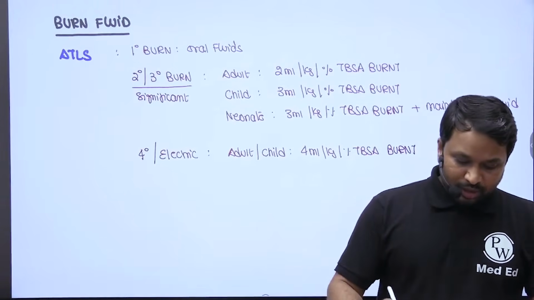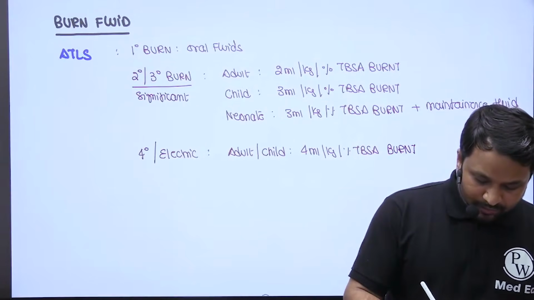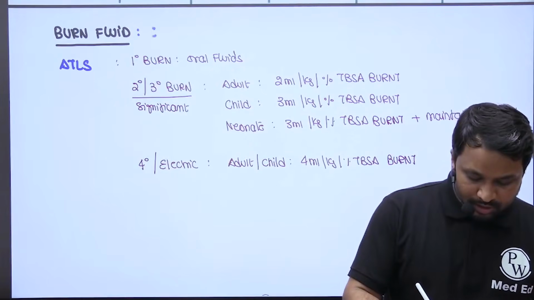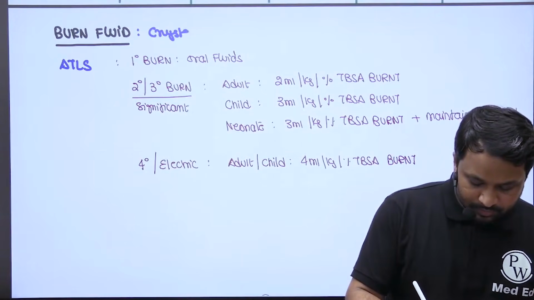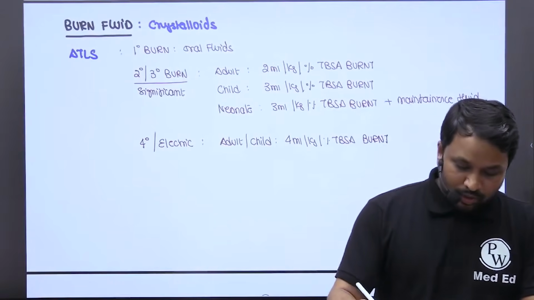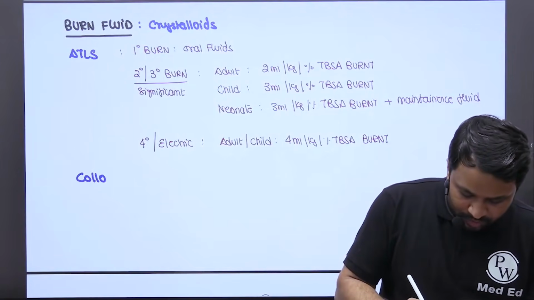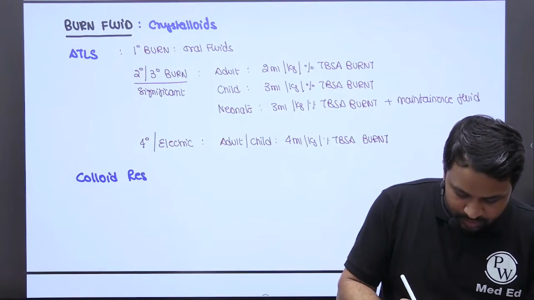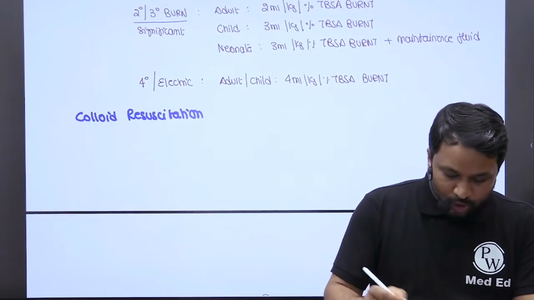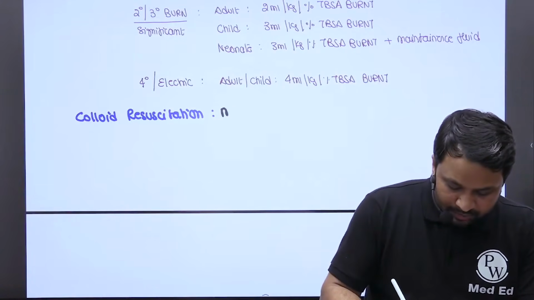Now whatever you have calculated, this is what we call the burn fluid, and this burn fluid is purely for crystalloids. Now how would you calculate for colloids if colloid resuscitation is required? For colloid resuscitation, we follow something called the Muir and Barclay formula.